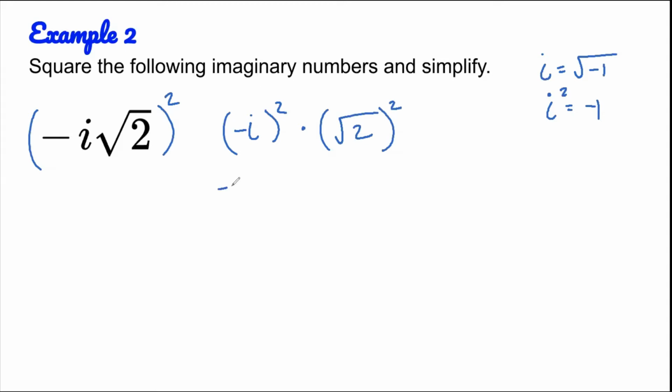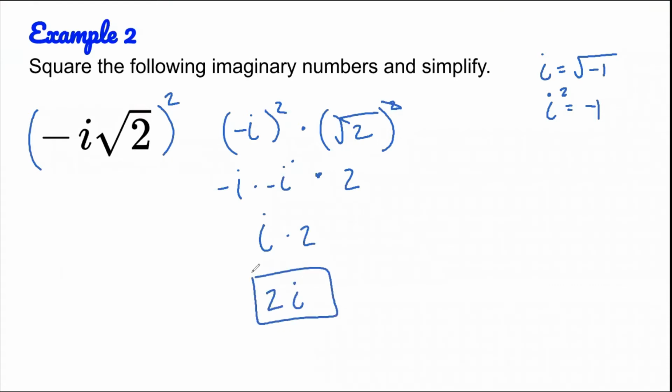So here we have -i times -i, which gives me positive i squared, which is -1. And over here we have the square root of 2 squared, which is 2. So if you need to separate and do everything step by step, go ahead and do so.